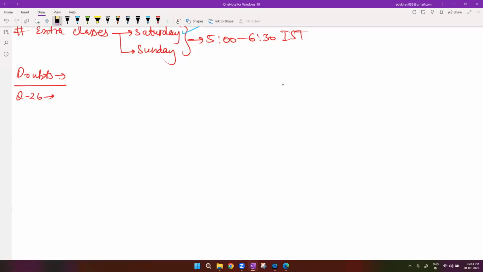So the first problem is 27, in which we are being asked to find the point on the curve. The curve is x square equals 2y.